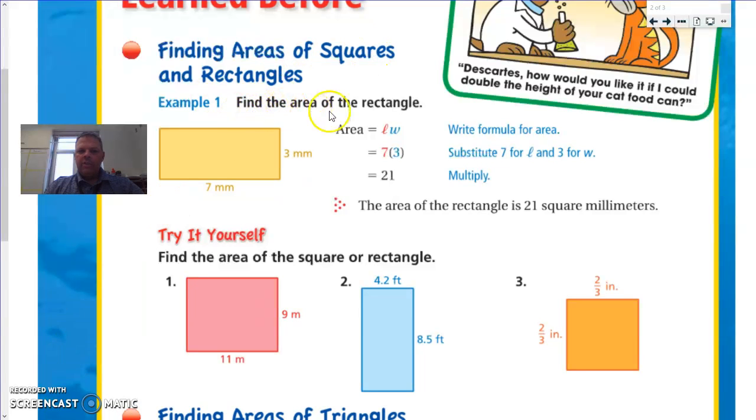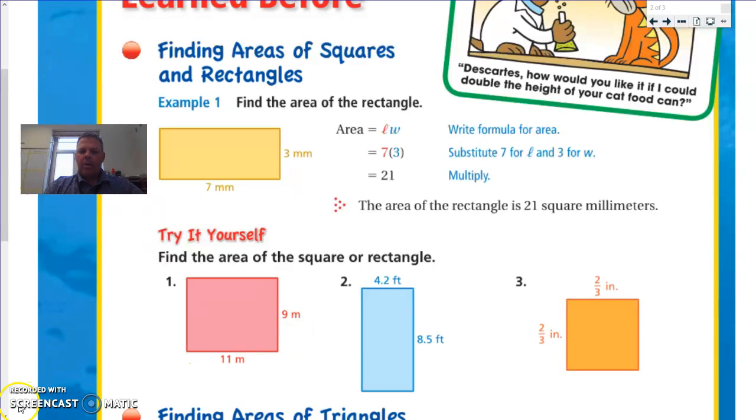You can see this one is a rectangle. We know that area equals the length times the width. I substituted 7 times 3. 7 times 3 is 21. So the area of this figure is 21. In example 1, the length is 11, the height is 9. 11 times 9 is 99 square meters.